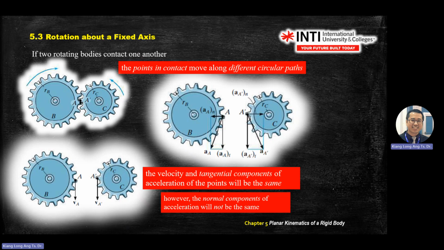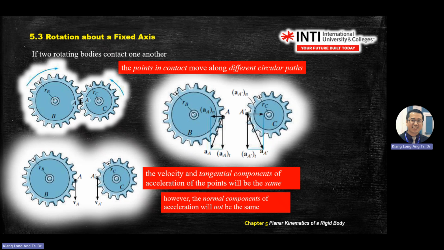Omega is the most important parameter for chapter 5. You always need to find what your omega is. Why? Omega applies to all the points on the body. Any point here will give you the same omega, the same rotation speed. So omega is important for chapter 5 answers. So how to find it?